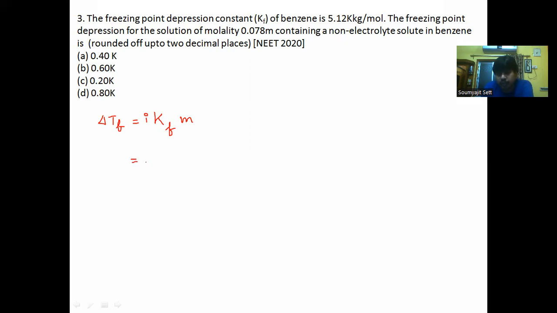Now, since it is non-electrolyte, i is equal to 1 and Kf will be 5.12 Kelvin kg mole inverse into 0.078 molal.